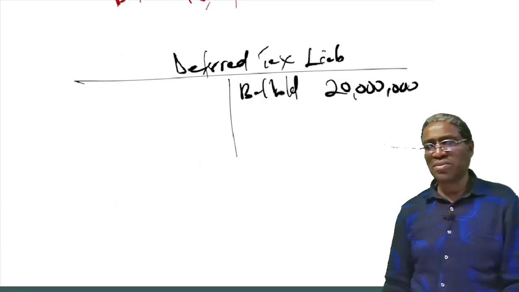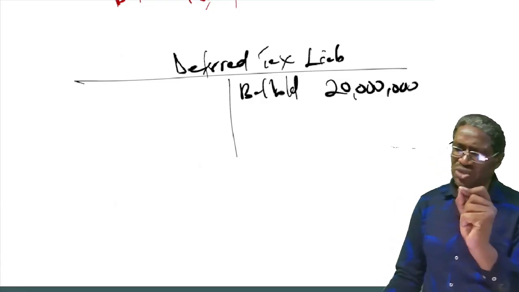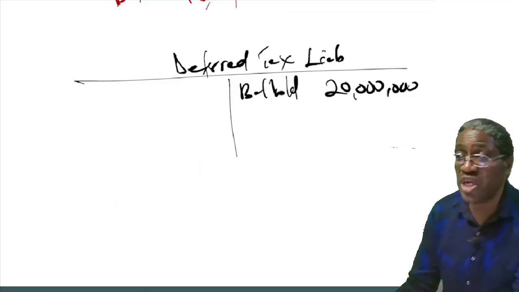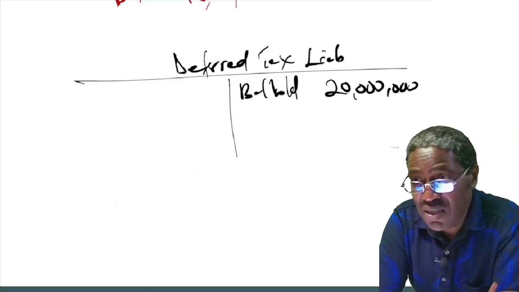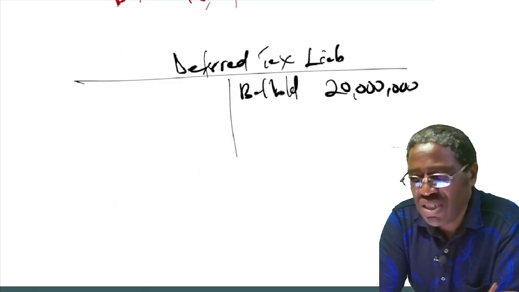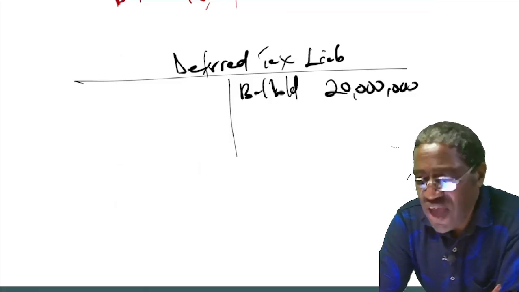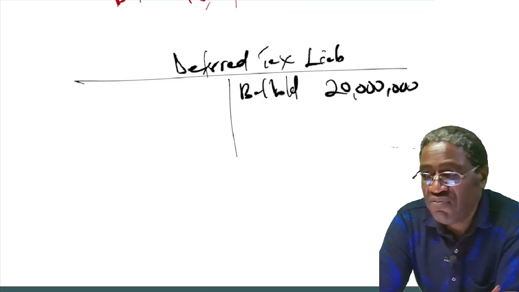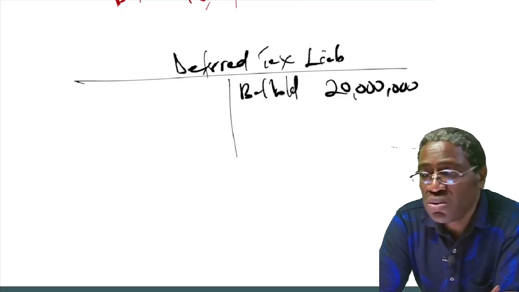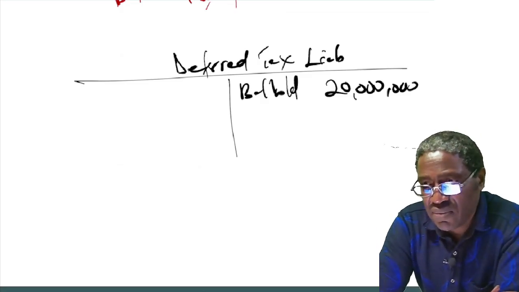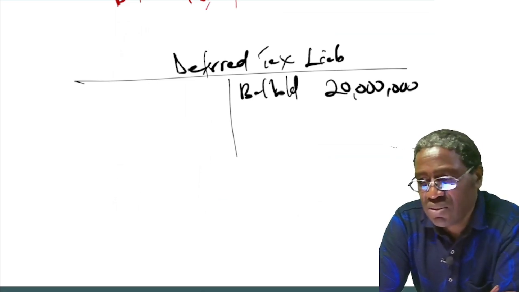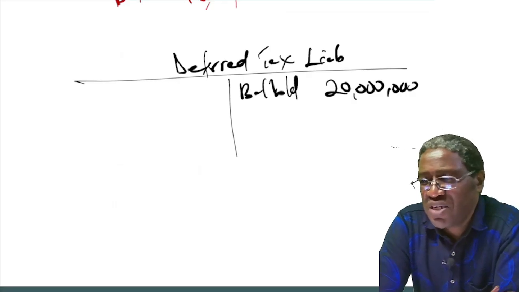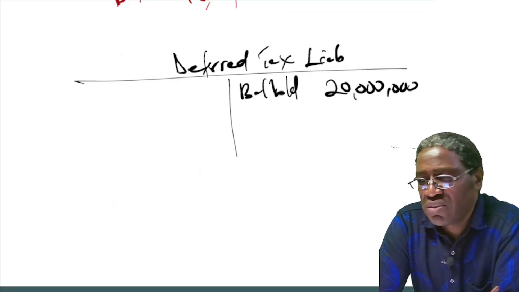Now, listen. The question tells you, as additional information, transfer 5 million to the deferred tax. Transfer 5 million to the deferred tax. The question is, will you debit deferred tax by 5 million or credit?